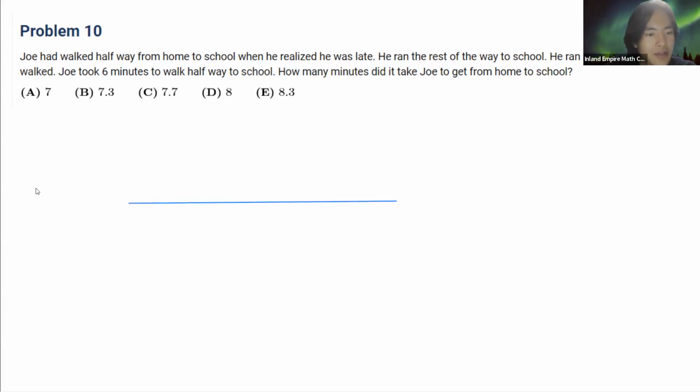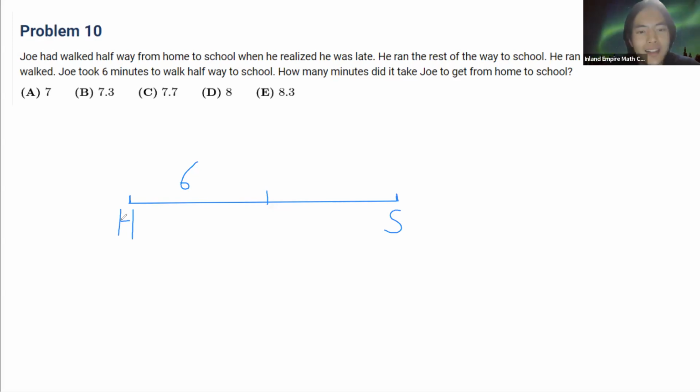What you do is take a straight line and put this as his home and this as his school. So I'm going to write a little H here for home, a little S here for school. It says that he walked halfway to the school, and that took 6 minutes. And then after he got to this halfway point, he started running.